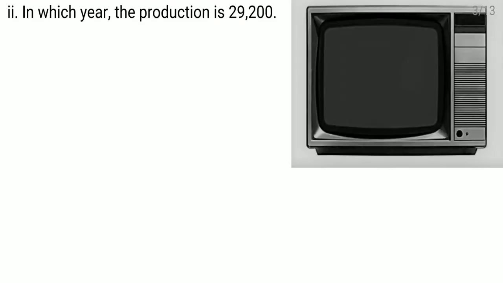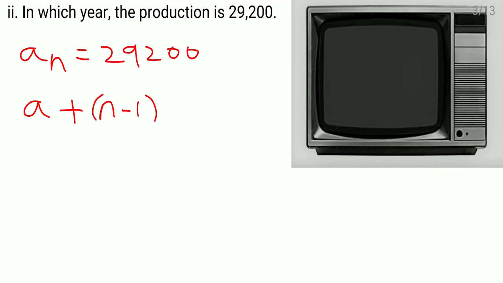See the second one. In which year is the production 29,200? That means the nth term An is equal to 29,200. The nth term formula we know, A plus n minus 1 into D, equal to 29,200.